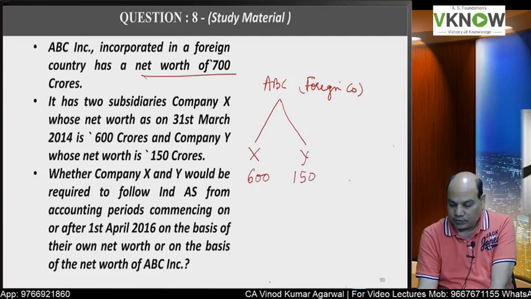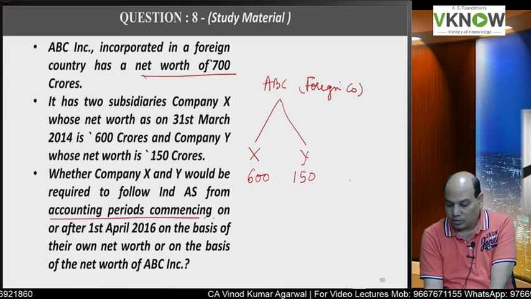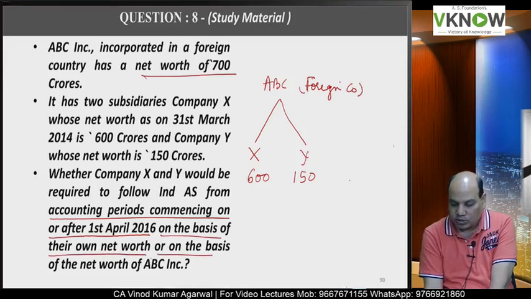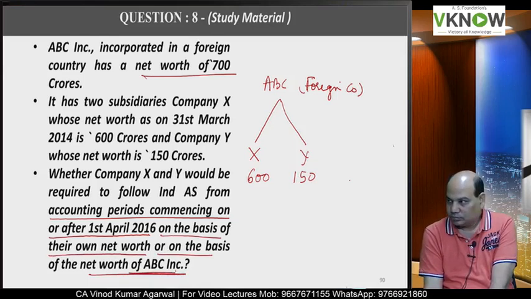Whether company X and Y should require to follow Ind AS from accounting period commencing on or after 1st April 2016 on the basis of their own net worth or on the basis of the net worth of ABC. The answer is very simple.